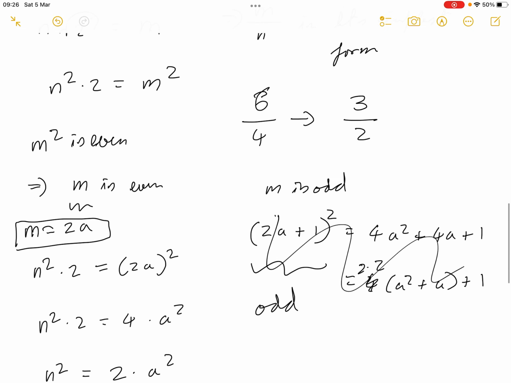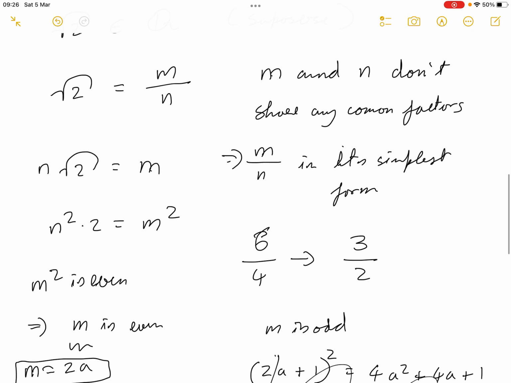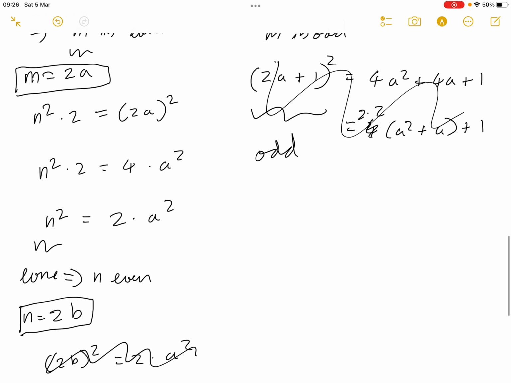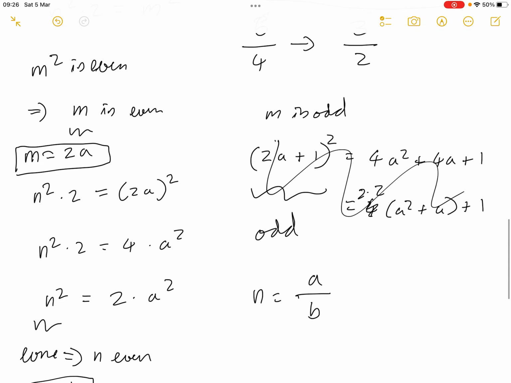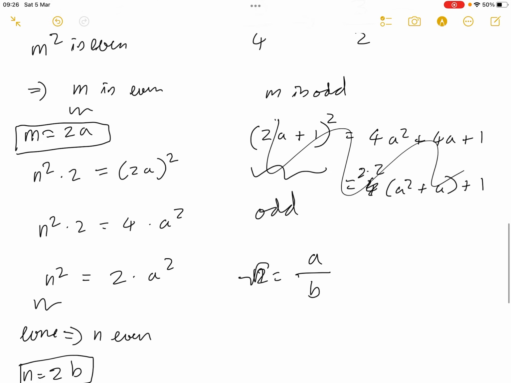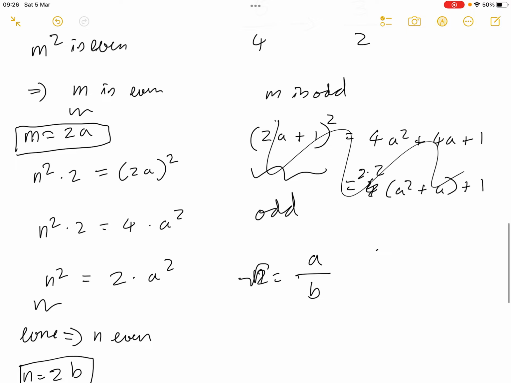But we said they were written in the simplest form, right? But now we can write it in an even simpler form, as a over b. Sorry, not n. It's actually square root of 2.